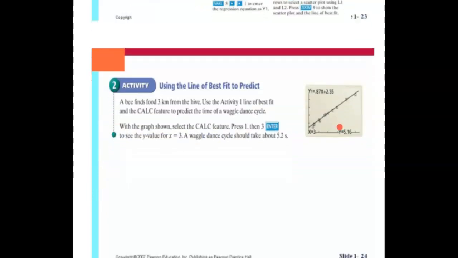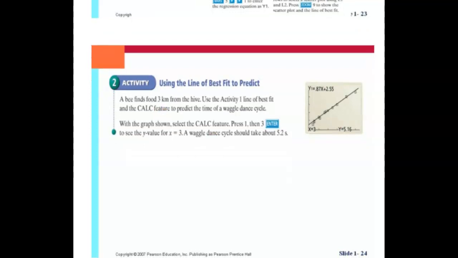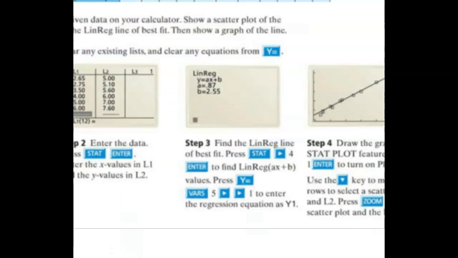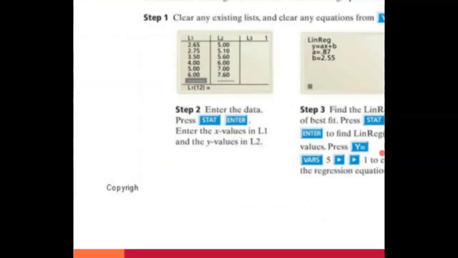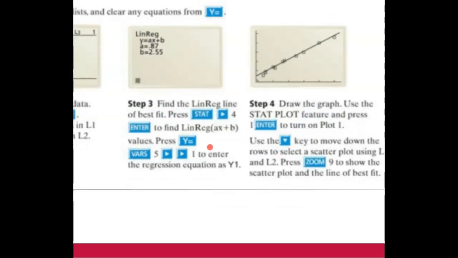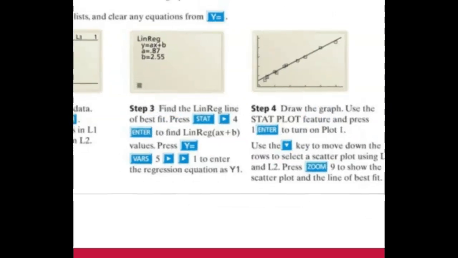So again, this walks you through everything. It walks you through all the calculator buttons. That's what's on that screen in blue. So you go to stat, enter, put in your data. Once your data is in, you go to the home screen, hit stat, go down to option 4 for regression. If you want to put it in the y equals, you go back to y equals, vars 5, 1. We'll put the equation in y equals, so you don't have to type it by hand.